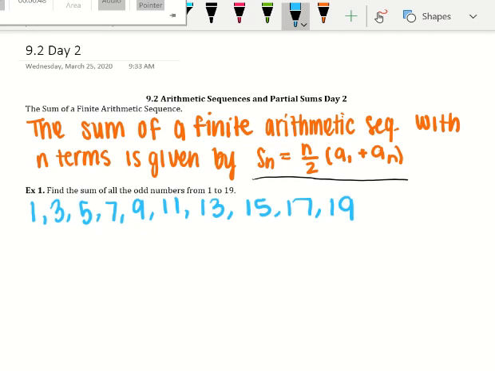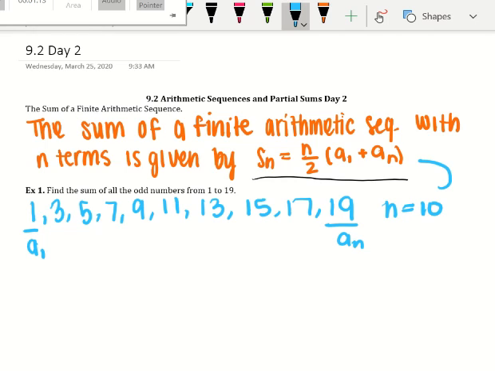And so basically what we're going to do is find a1, which is 1, and then an, which is the last term. And then we're going to find how many terms we have. 1, 2, 3, 4, 5, 6, 7, 8, 9, 10. So we have n equals 10.